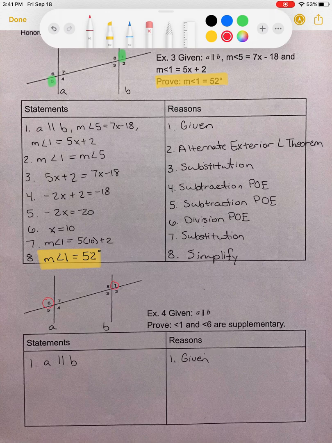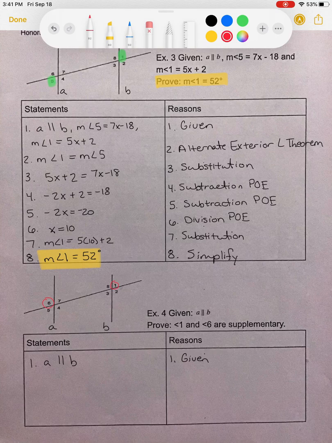Okay, so we don't necessarily have a relationship just in our choices. So we want you to try and prove that those two are supplementary. So you can either start at the 1 and try and get to the 6, or start at the 6 and try to get to the 1.